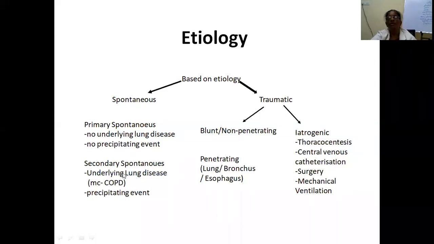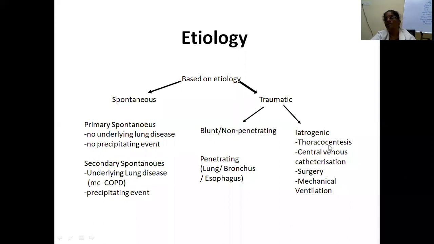But secondary spontaneous pneumothorax generally occurs in some underlying lung diseases, and some precipitating event will be there before development of pneumothorax. In case of trauma, non-iatrogenic can be blunt and penetrating. And iatrogenic occurs, as I told you previously, with thoracocentesis.